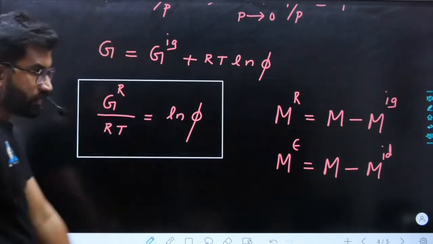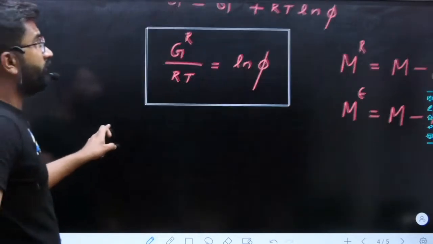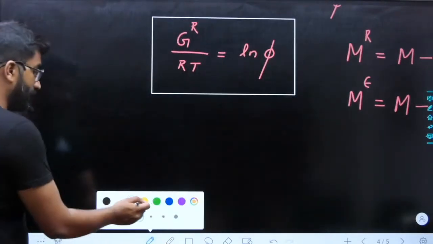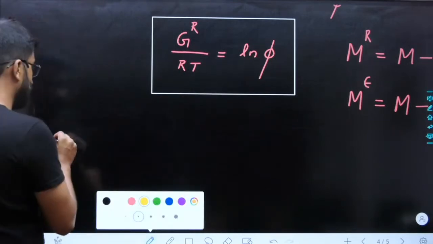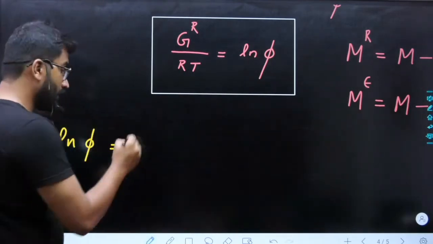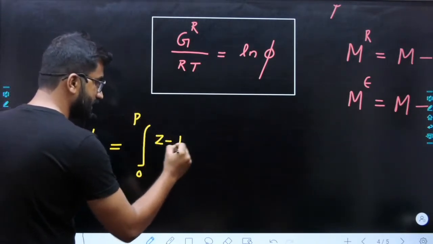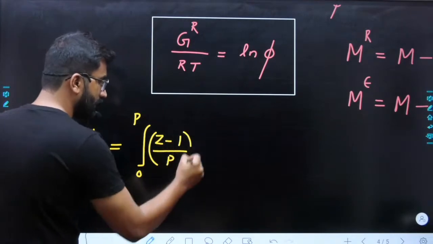Easy. Now, how do you calculate fugacity? For calculation of fugacity, आपके पास there is a lengthy equation. So ln phi is equal to, we have discussed several times in class, by using compressibility factor, integral from 0 to P of (Z minus 1) by P dP.